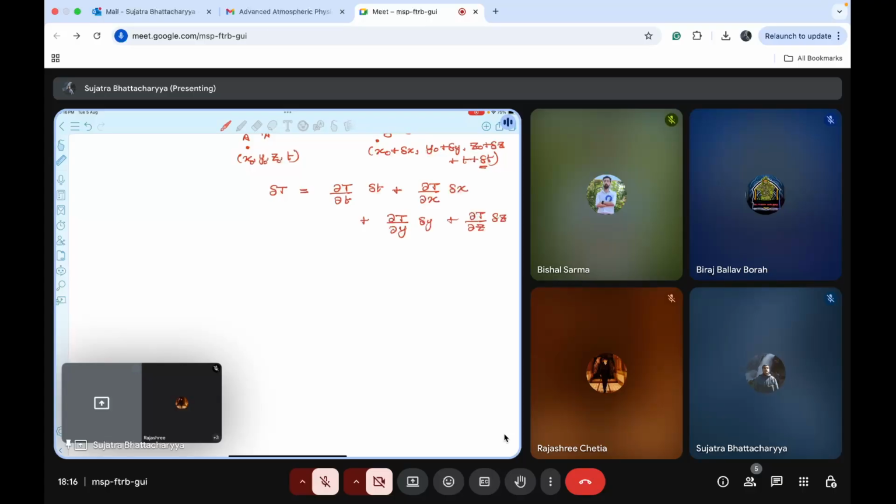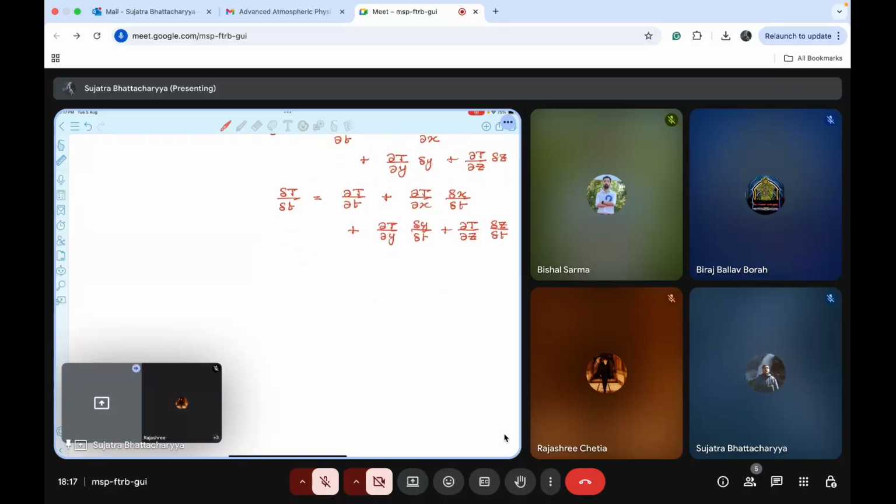And if I now differentiate with respect to time, so delta T by delta t, which is time, what do you get? You get partial T partial t plus partial T partial x times delta x by delta t, plus partial T partial y times delta y by delta t, and partial T partial z times delta z by delta t.